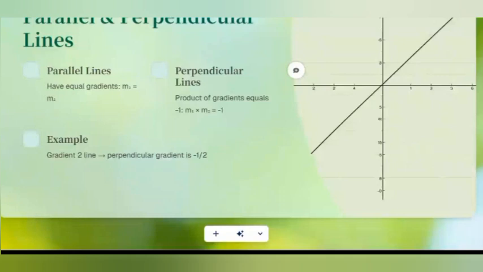Now that's for parallel lines. For perpendicular lines, it is a little bit different. There's also a relationship. What do I mean by perpendicular lines? It means two lines that are at an angle of 90 degrees to each other. You can have two straight line equations where at their intersection point they form an angle.